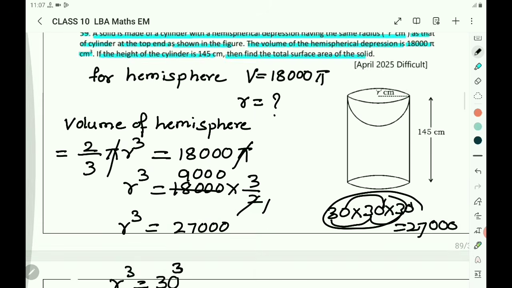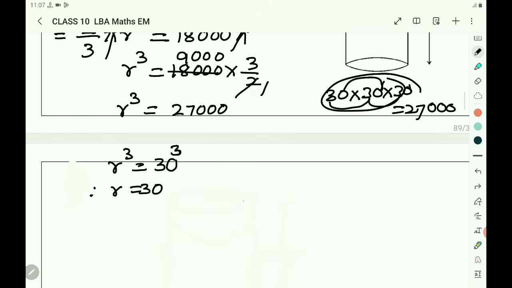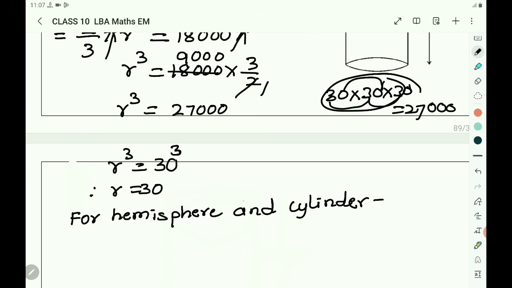Now write the formula for the total surface area of the solid. Then you write for hemisphere and cylinder, r equals what? 30 centimeter.